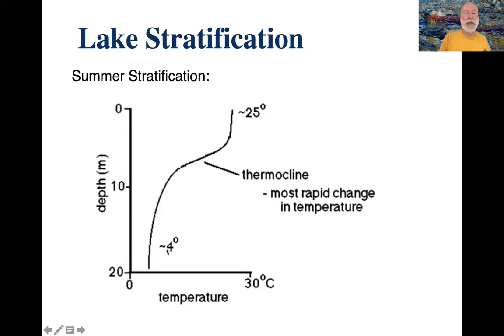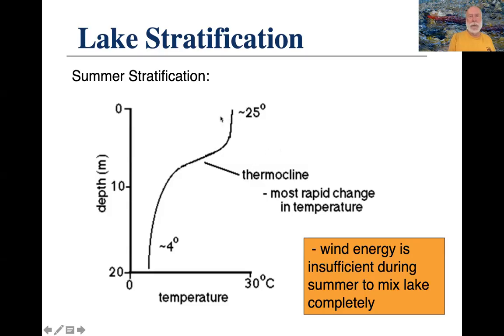So we have this cold, dense water at the bottom, whereas we have this warm, less dense, or light, water at the top. And then we have a rapid transition that we refer to as the thermocline. Pretty sharp break typically in there. So the thermocline refers to where we find the most rapid change in temperature with respect to depth.